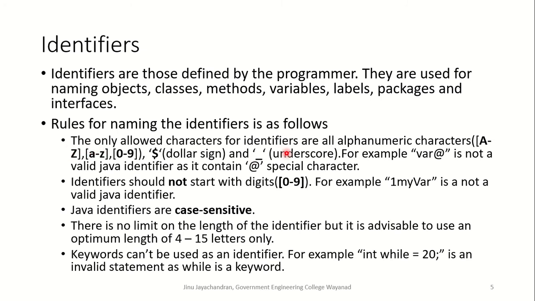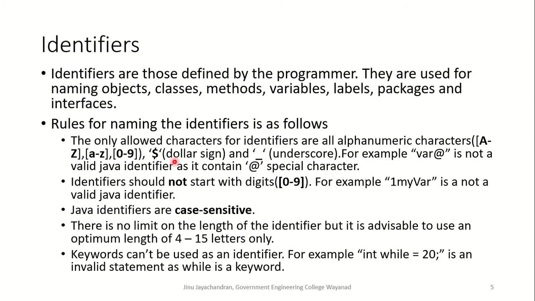Apart from this, you cannot use any other characters in your identifiers. For example, var at. The at is not suggested to be used in an identifier. If you use this var at, the compiler will throw an error saying that this is not an identifier, because of the special character.